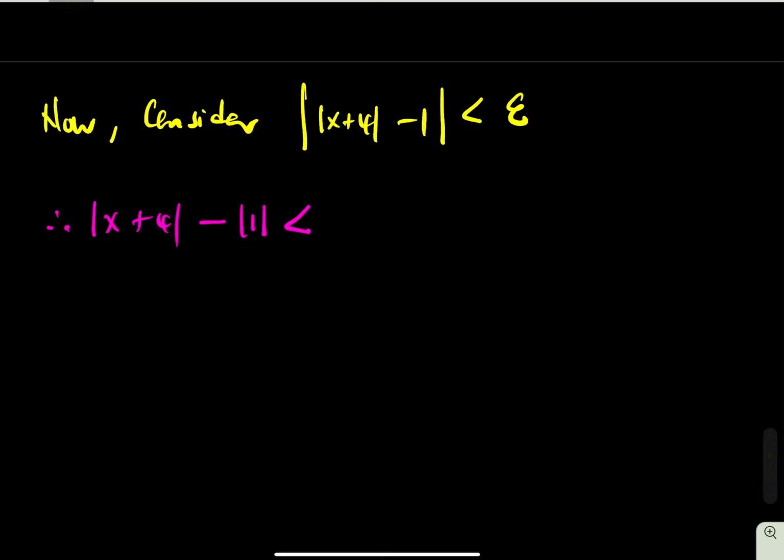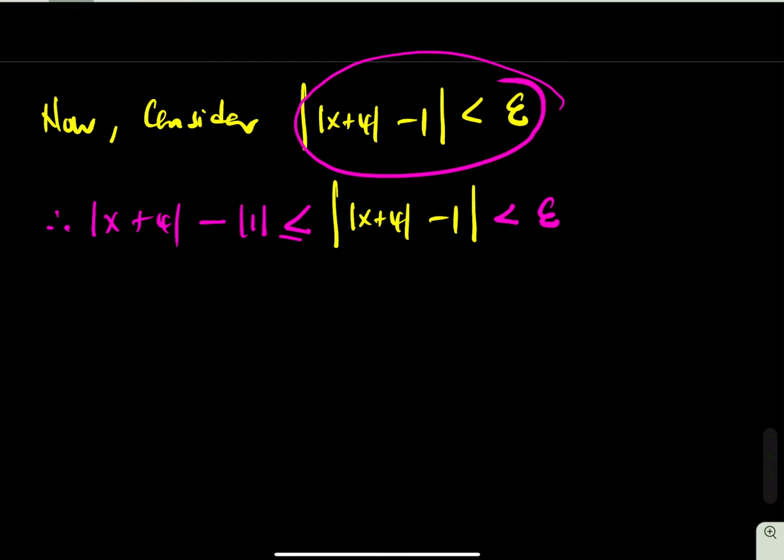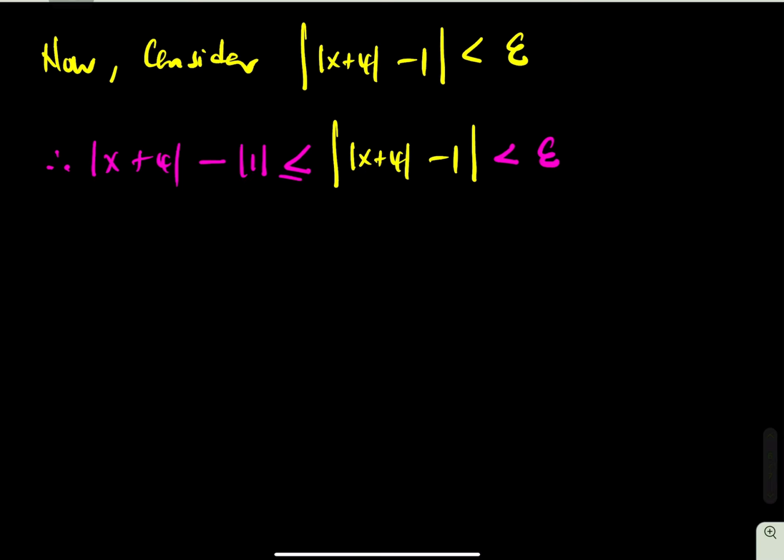But check something: this stuff is going to be less than or equal to this one here, which is less than the epsilon. On the premise that this is going to be positive, and this may somewhere be negative, hence we are saying it must be less than or equal to this particular situation.